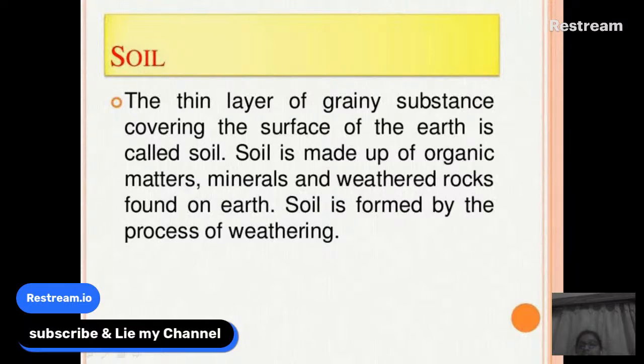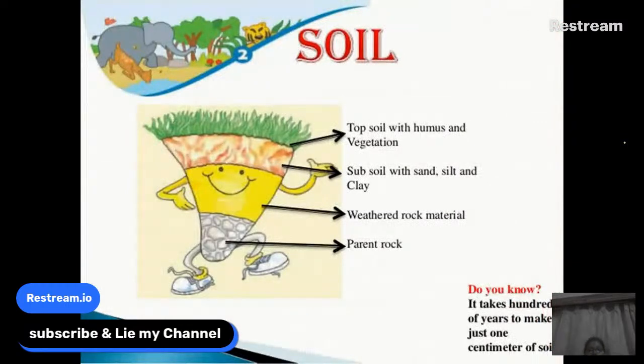After this we will learn about the different types of soil. What are those? The first one is topsoil with humus and vegetation. The second is the subsoil with sand, silt and clay.